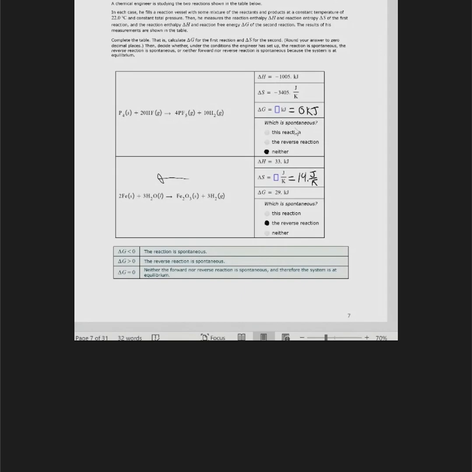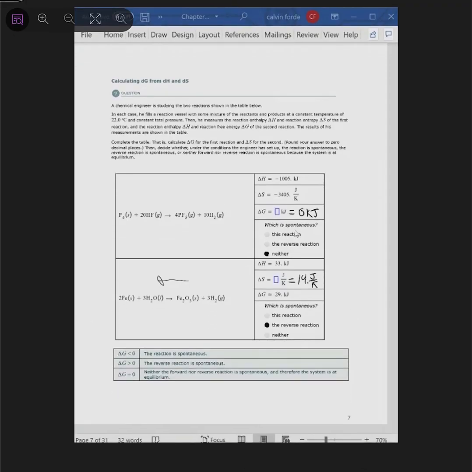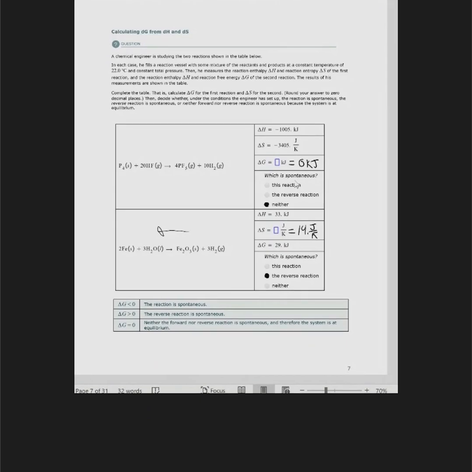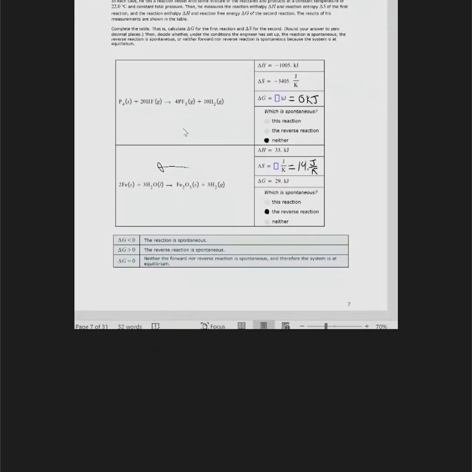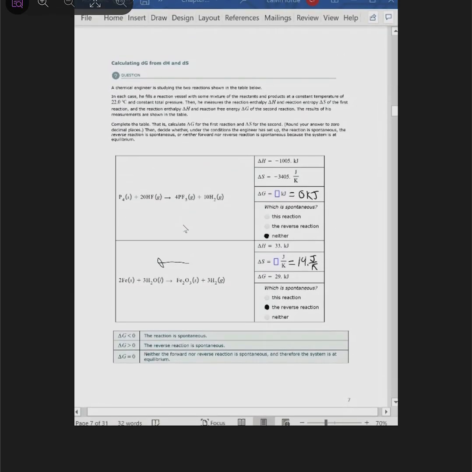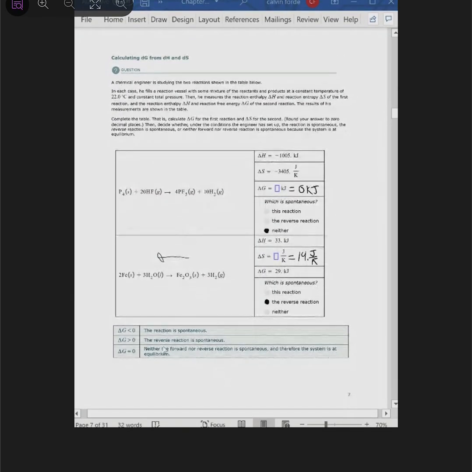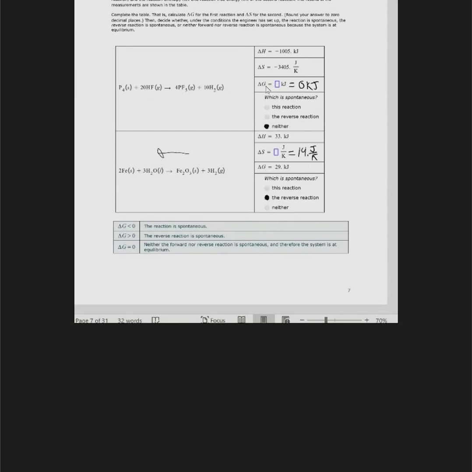So you have to figure out, well, how am I going to do that? Right? So I see this equation, I'm saying, what am I going to do first? Well, this chart will tell you if it's going to be spontaneous or not. So it's all dependent on delta G. Right?